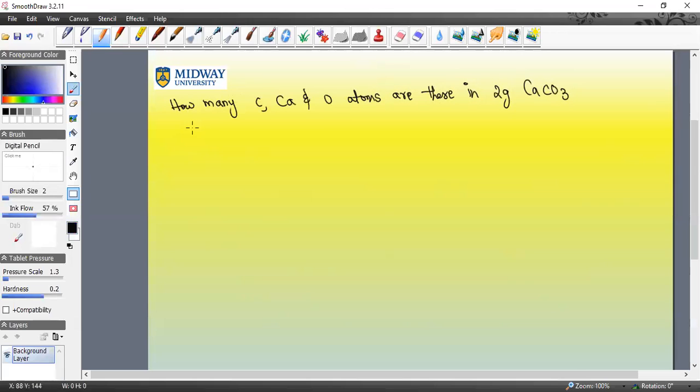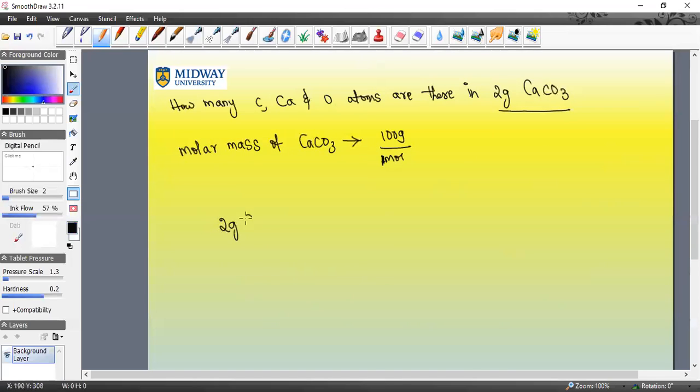Now, if you have a molecule, let's do something here. You always start with the given information. We've calculated the molar mass in the previous screen. So the molar mass of calcium carbonate, we said, is 100 grams over a mole. So we're starting with 2 grams of calcium carbonate.